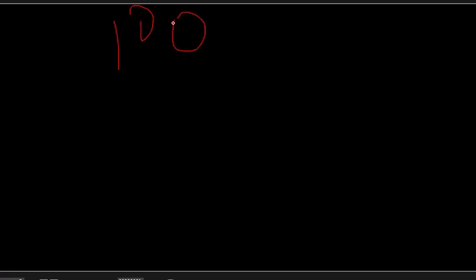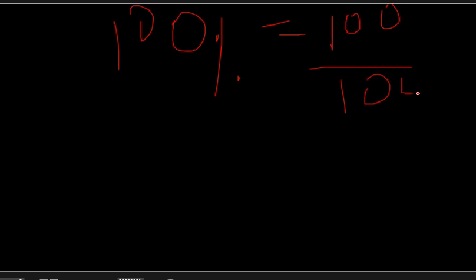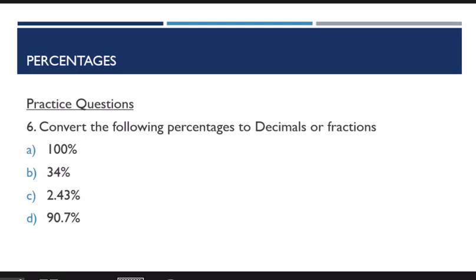Let's talk about 34% as a decimal or as a fraction. 34% is simply 34 over 100.